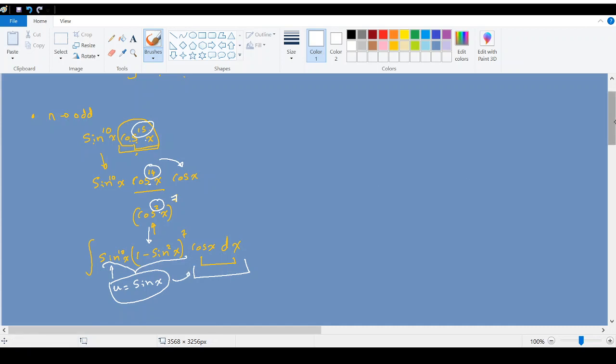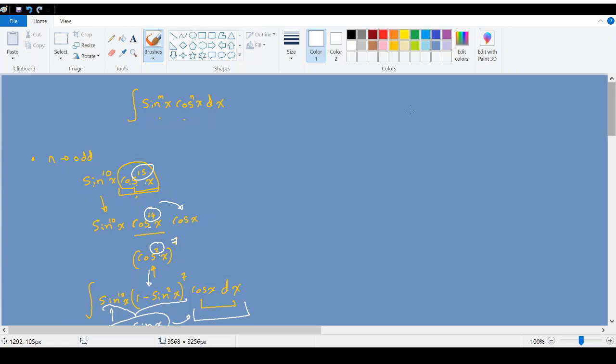Even if you have the odd power for sin x, you should do more or less the same thing. Let's say if m is odd, then you have to do everything in a very similar way, but these substitutions will be interchanged. Say if we have sine 15x times cosine 10x, then this is the odd power.